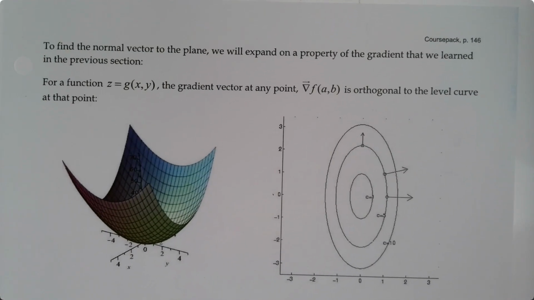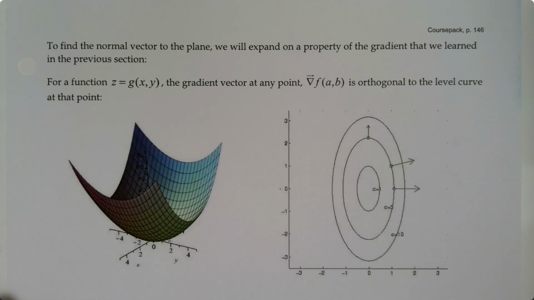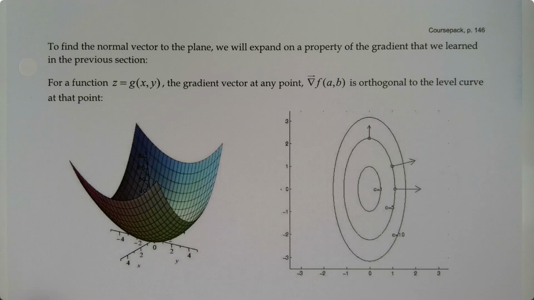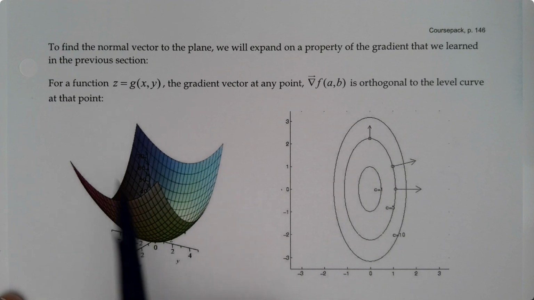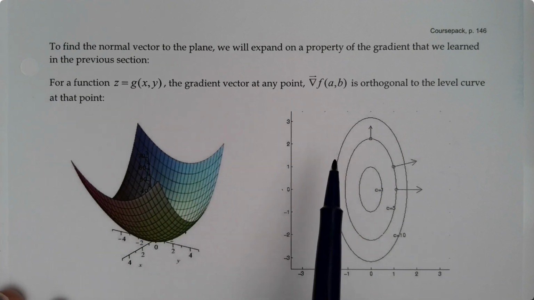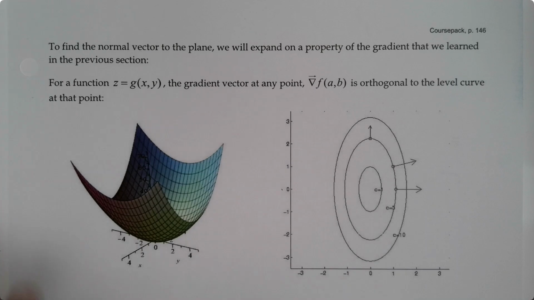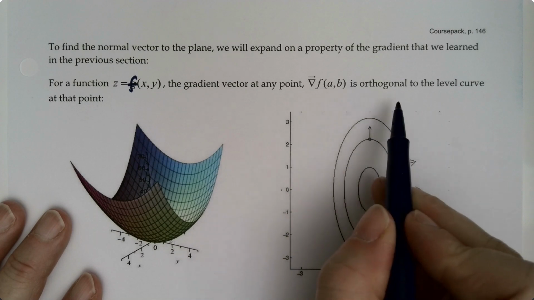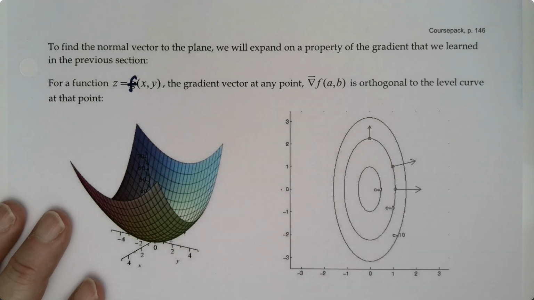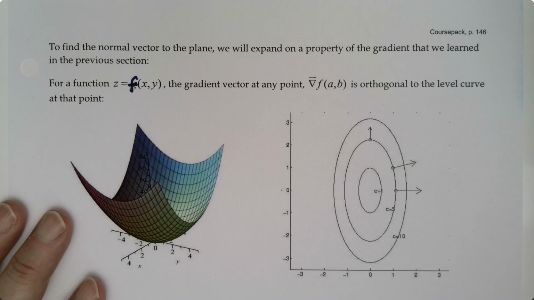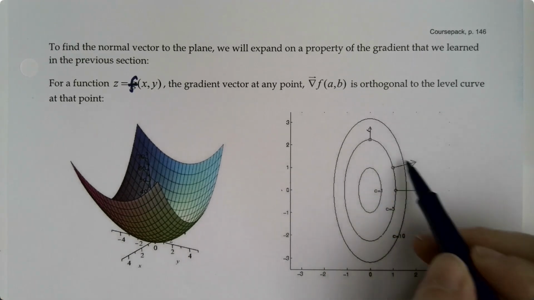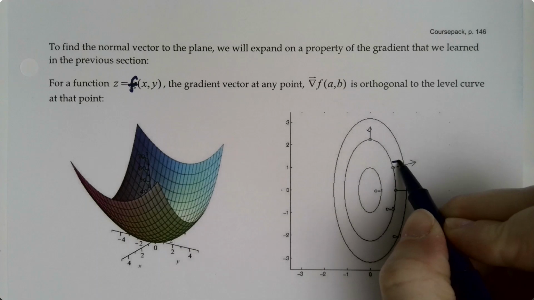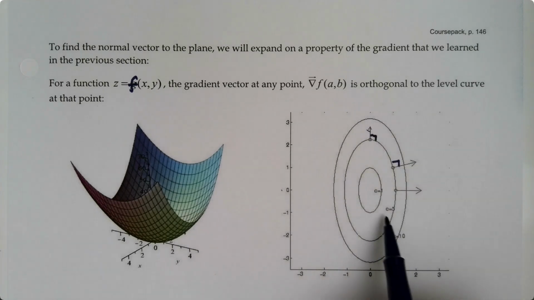So now the question becomes how to find that normal vector, right? So how do we do it? Well, to do it, we expand on the property of the gradient that we learned in the last section. For a function z equals f of x, y, the gradient vector of f at any point is orthogonal to the level curve at that point. So if you look, we have different gradients drawn here, and they always are orthogonal to the level curve, right?